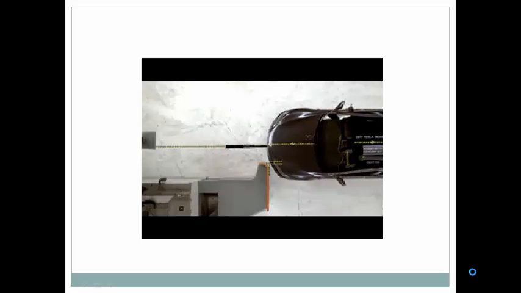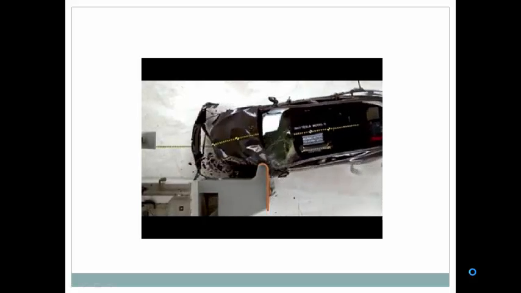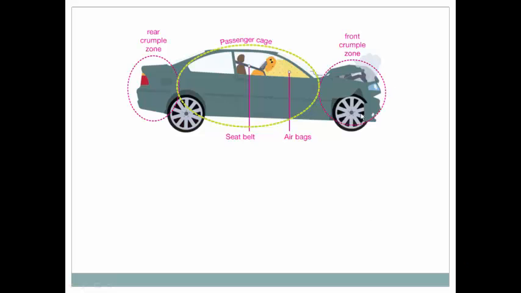Let us take the example of a car crashing into a stationary object. The front crumple zone allows the car to come to a stop over a given time interval instead of just coming to a stop abruptly. It increases the time interval, hence the overall or average force experienced by the person sitting inside the car is much less, because the higher the time of collision, the lesser the force experienced.